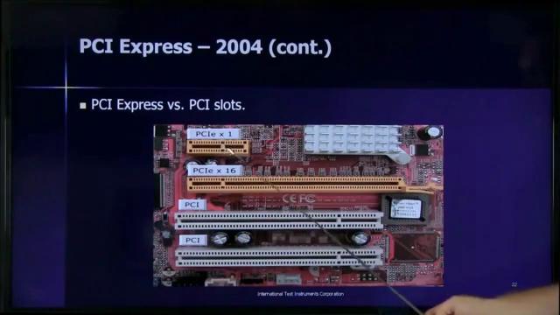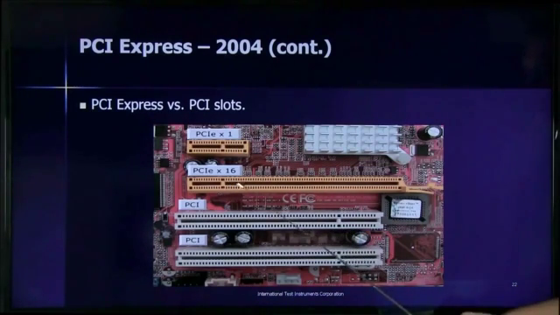So this one has a by one lane, only one link, or I should say one differential pair going in and one going out to and from the device. And here you have 16 pairs going in and out from and to the device.